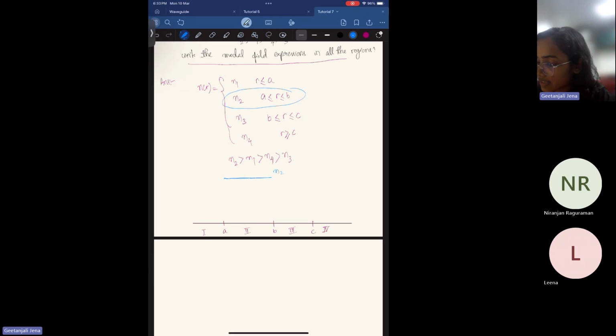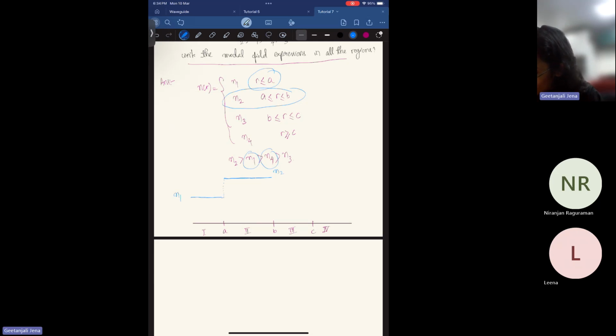The next highest is N1, in the region r less than a, so this is a step index fiber. The next highest value is N4 for r greater than or equal to c.